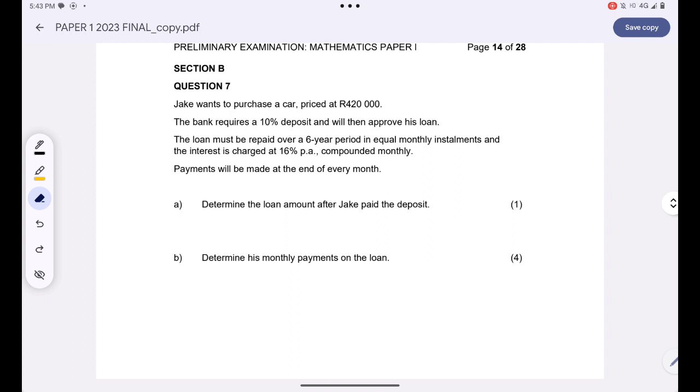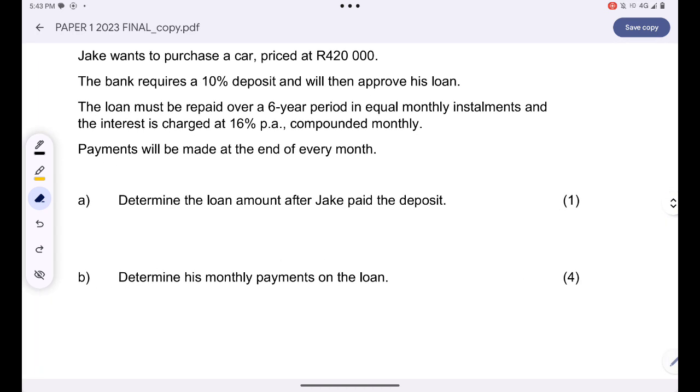The loan must be repaid over a 6-year period in equal monthly installments, and the interest is charged at 16% per annum compounded monthly. Payments will be made at the end of every month. Firstly, they want us to determine the loan amount after Jake paid the deposit.